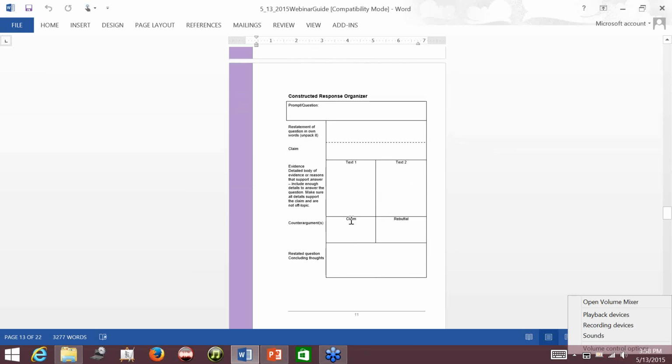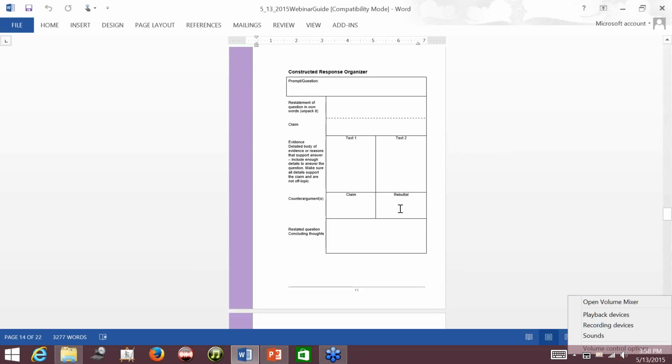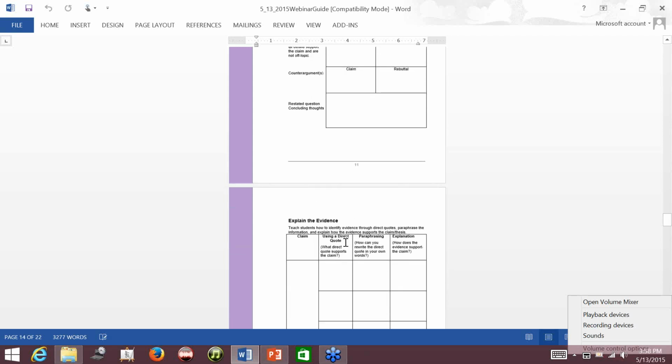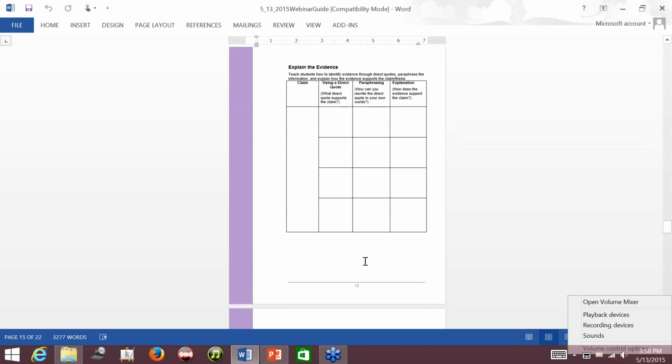However, what we've done is changed it out a little bit because we now know that for more effective writing, we should include the claim and the rebuttal, and oftentimes students have more than one text. So all we did was change that out to add those different items. We, as Susan promised you, have a graphic organizer for that process of explaining the evidence.